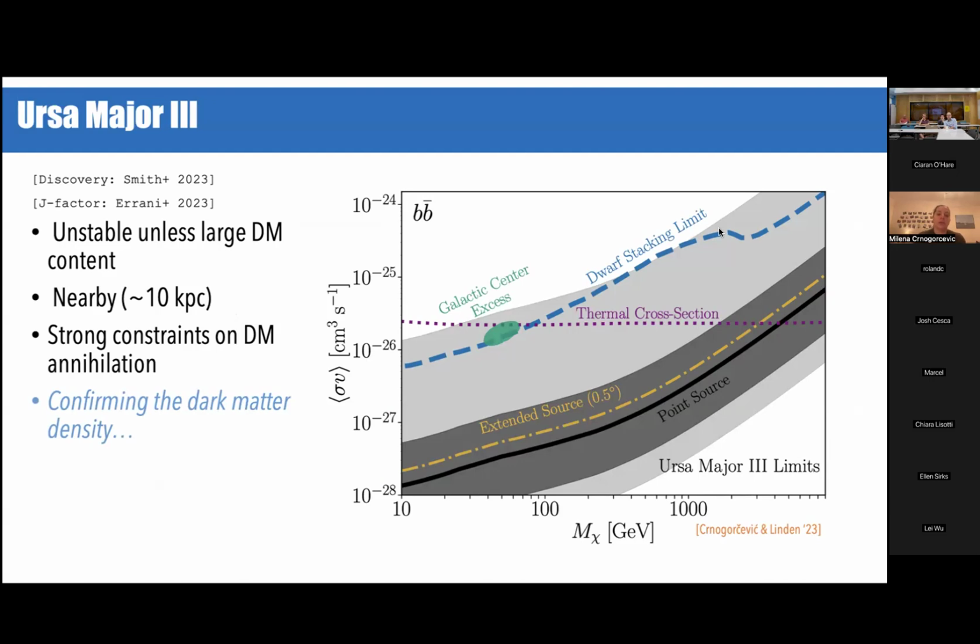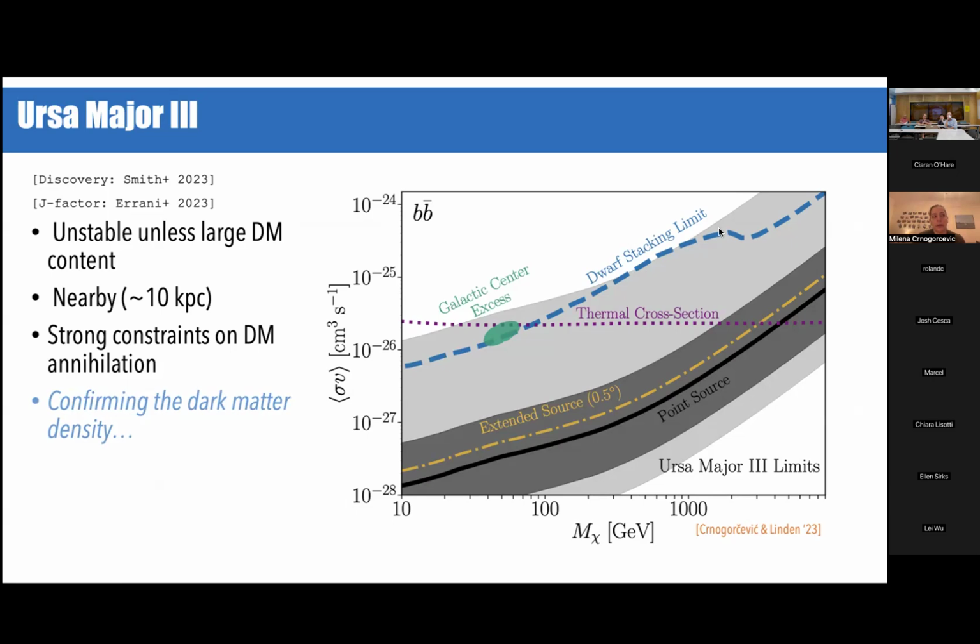Ursa Major 3 is a recently discovered likely dwarf spheroidal galaxy that is very nearby our own galaxy. It's at around 10 kiloparsecs, and it has a relatively low number of stars that constitute it.